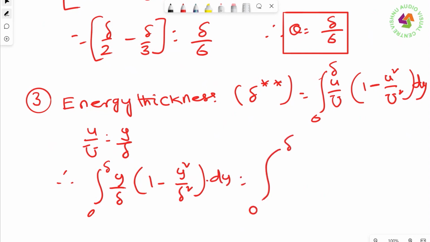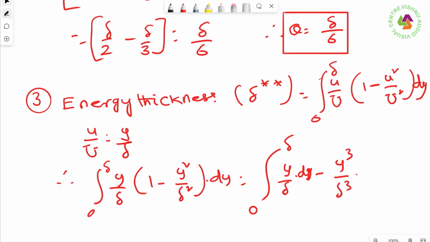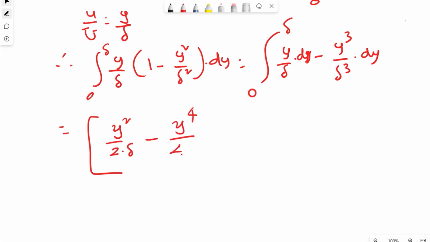In 0 to delta, y by delta into dy minus y cubed by delta cubed into dy. So if I do it, y dy means y square by 2, y square by 2 into delta, minus y to the power of 4 by 4 delta cube, from 0 to delta.